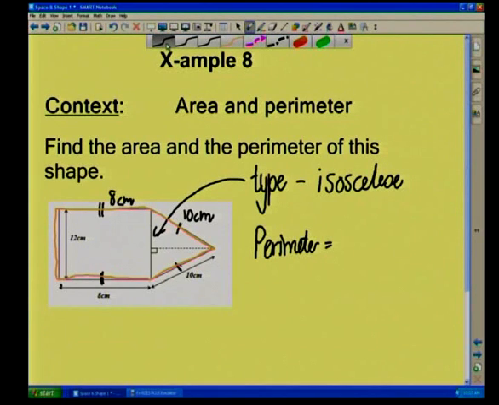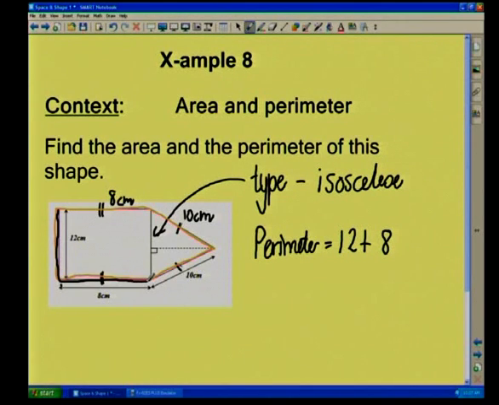So our perimeter is going to be 12 plus 8. Can you see we're going along here? 12 plus 8 plus 10 plus the next 10 plus that 8 over there.